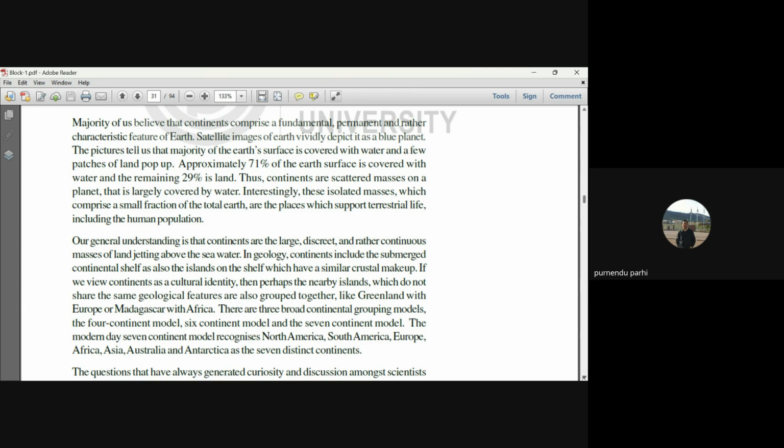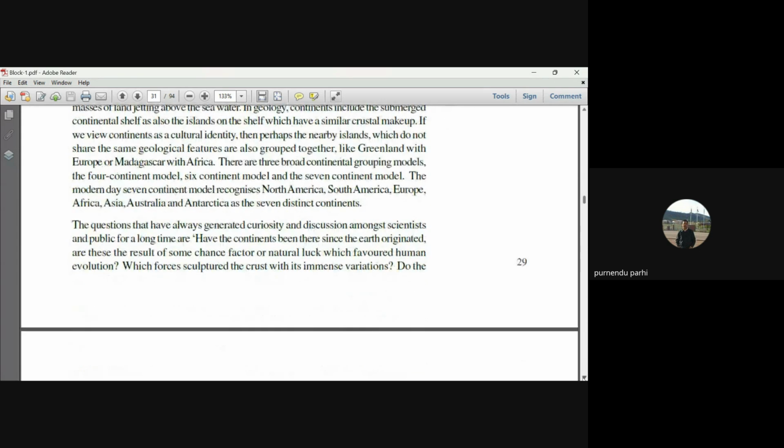The modern day seven continent model recognizes North America, South America, Europe, Africa, Asia, Australia, and Antarctica as the seven distinct continents.